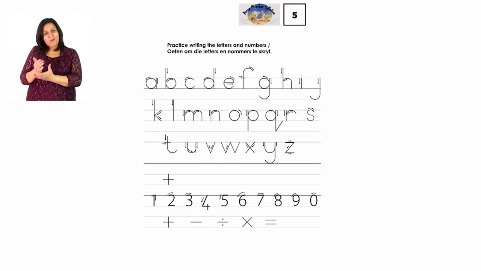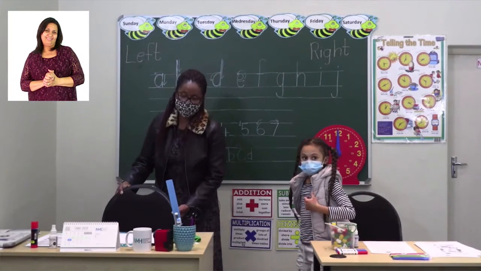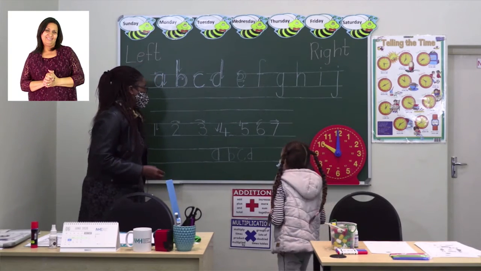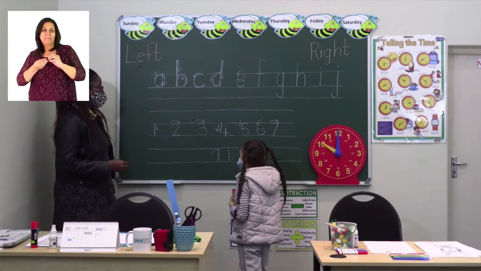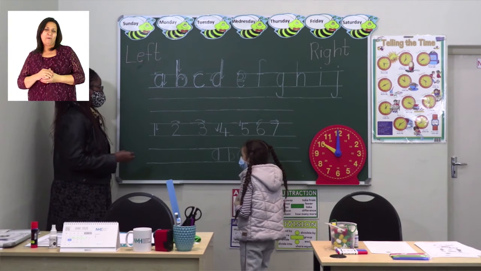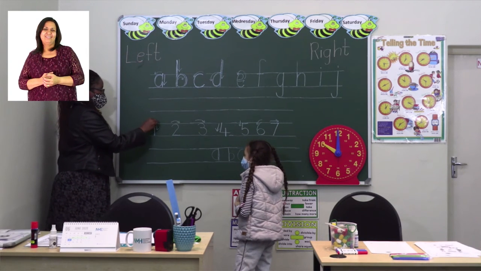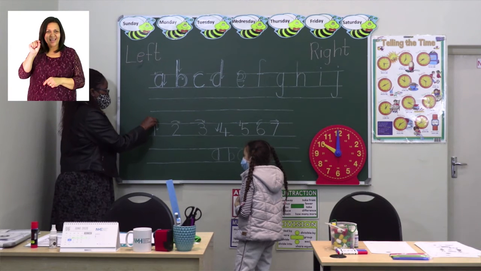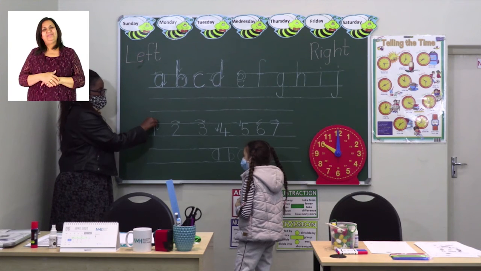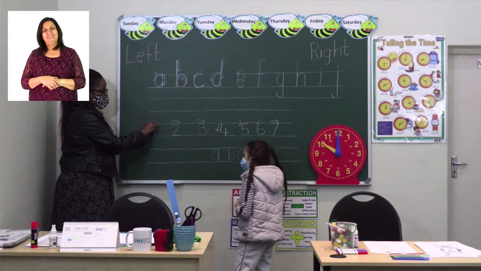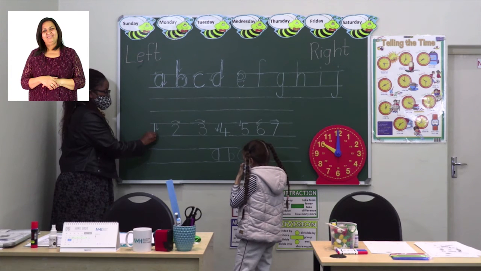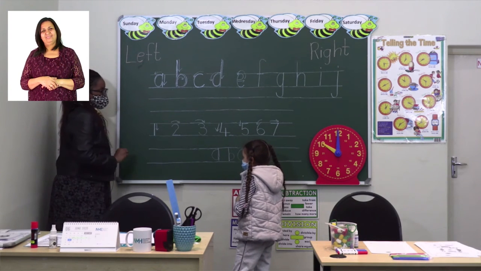Now let's all look and see how we form numbers. Numbers like number 1 is just very easy to write. All you need to do, we start from the top of this line and we go all the way down straight to the next line and we stop.